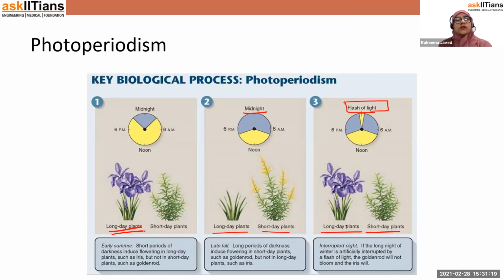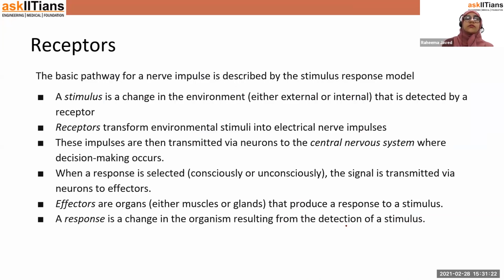Okay, let's move on to the concept of receptors. This is the basic pathway of a nerve impulse, that is described by a stimulus response model. So a stimulus is any change that is taking place in the environment, and this change in the external or the internal environment is detected by a receptor.